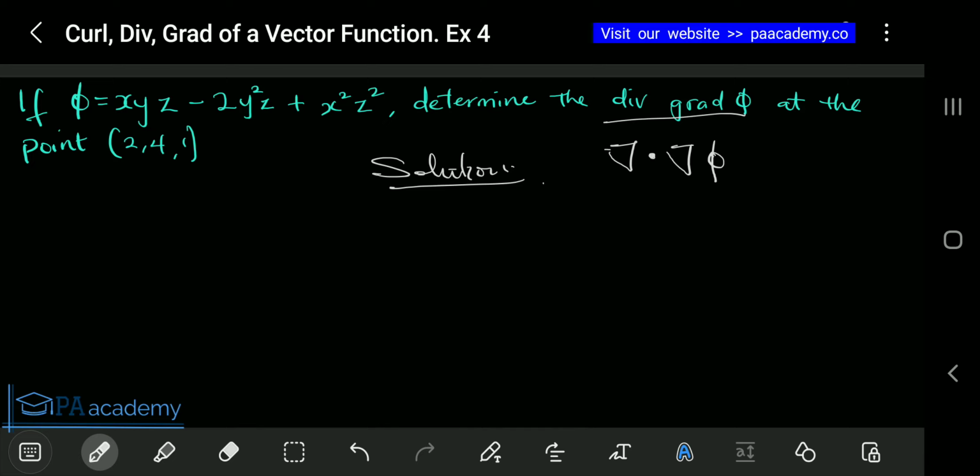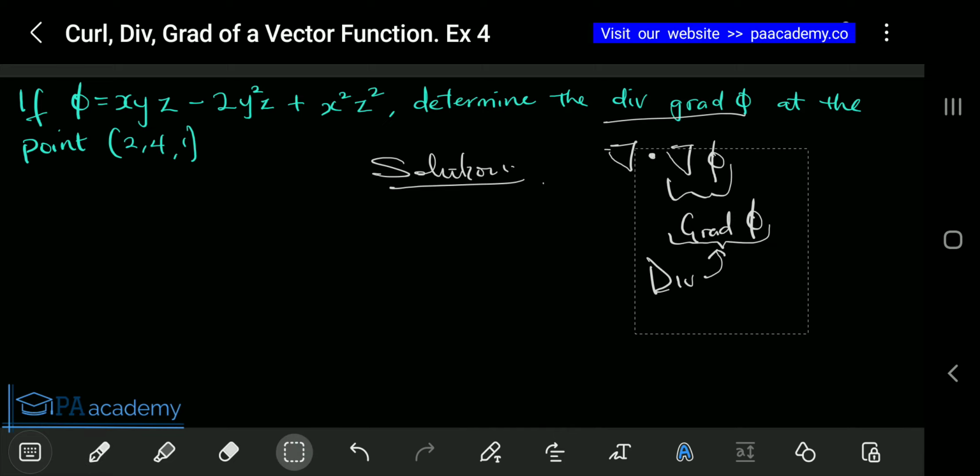First you have to look for the grad of phi. Whatever you get as your answer, you use it to look for the div. So you will be having the div of whatever you get here, which is more like the dot product of it. That is just a summary of what the question is talking about.